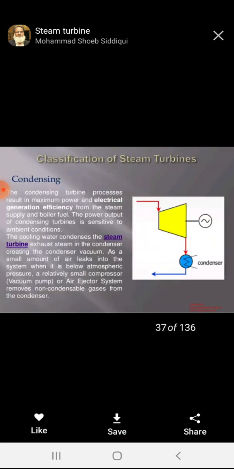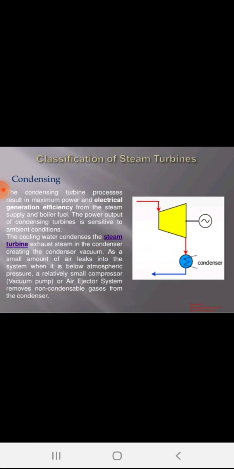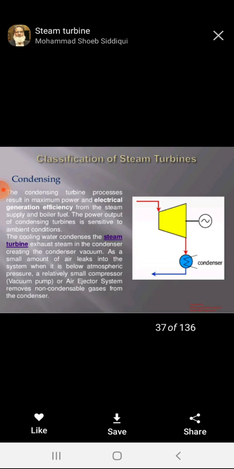Classification of steam turbine. Condensing. The condensing turbine process results in maximum power and electrical generation efficiency from the steam supply and boiler fuel. The power flow of the condensing turbine is sensitive to ambient conditions, the cooling water, the condenser, the steam turbine exhaust steam in the condenser.